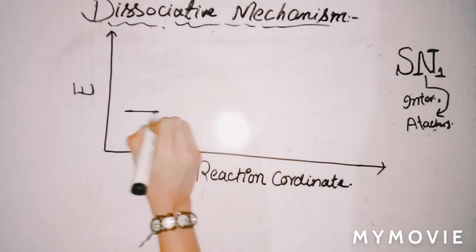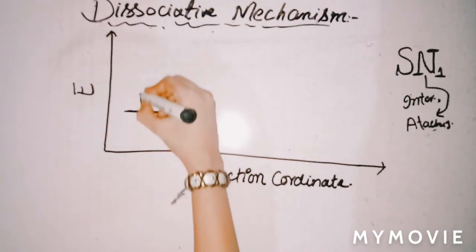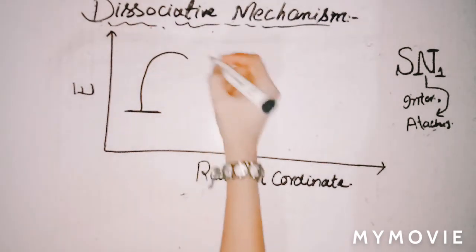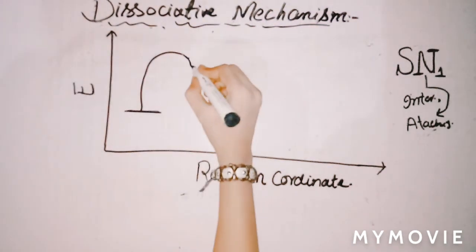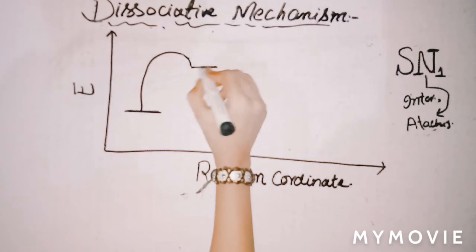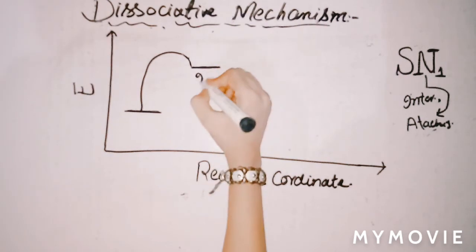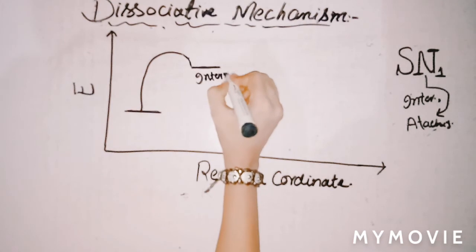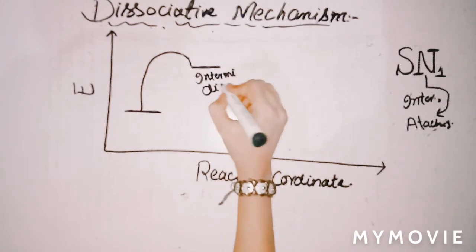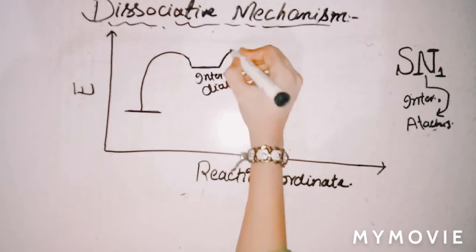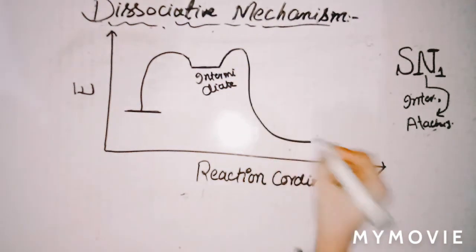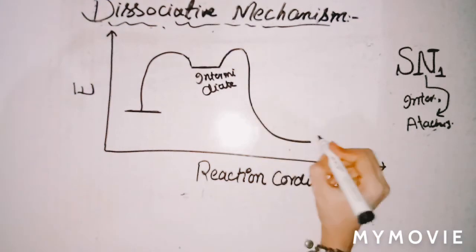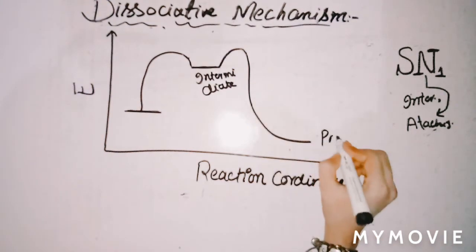The reactant in the first step is converted into an intermediate, and then attacking of nucleophile occurs, the reaction proceeds and we get the product.